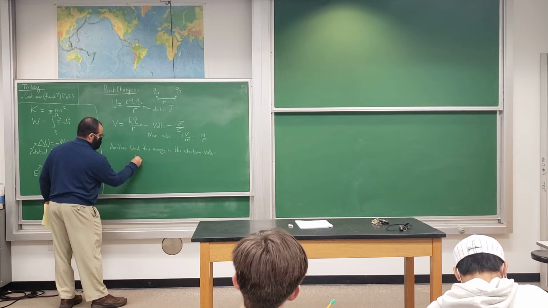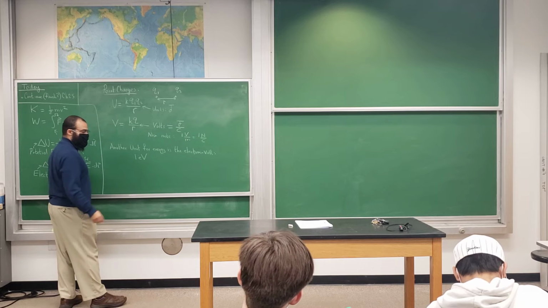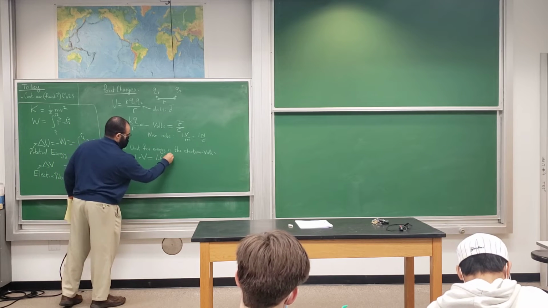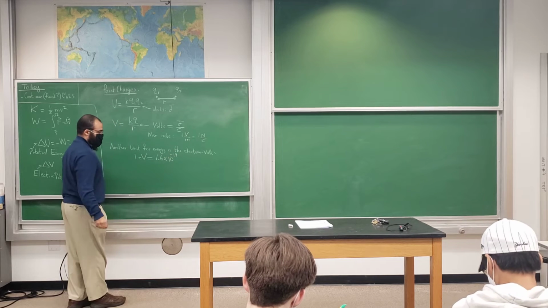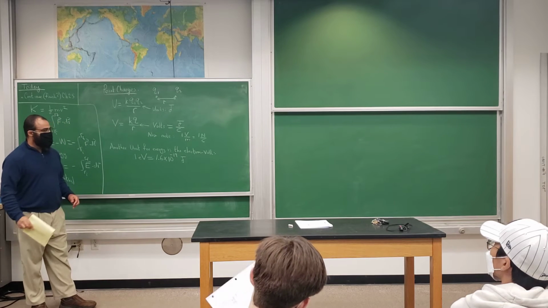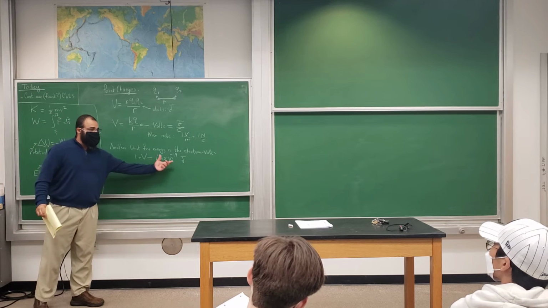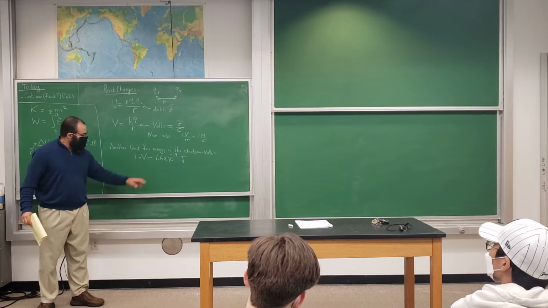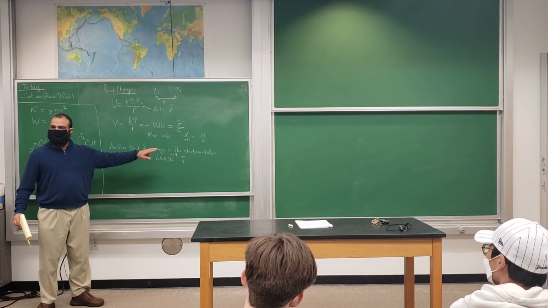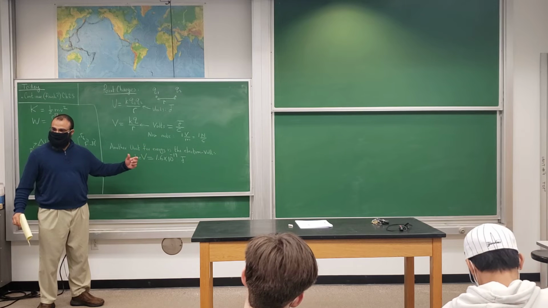1 eV, 1 electron volt, is 1.6 times 10 to the minus 19 joules. Notice the 1.6 times 10 to the minus 19 looks like what? The charge on an electron or proton, right?